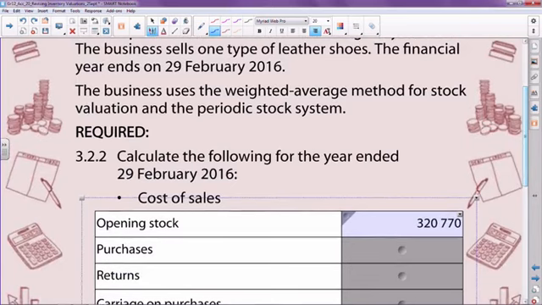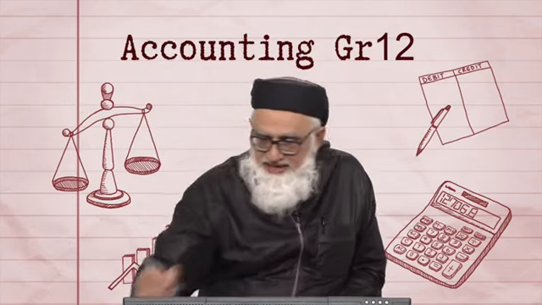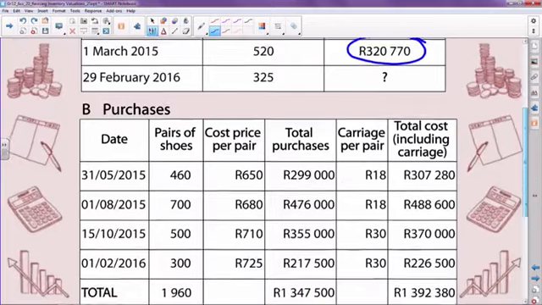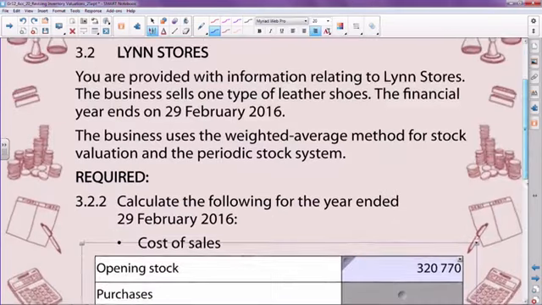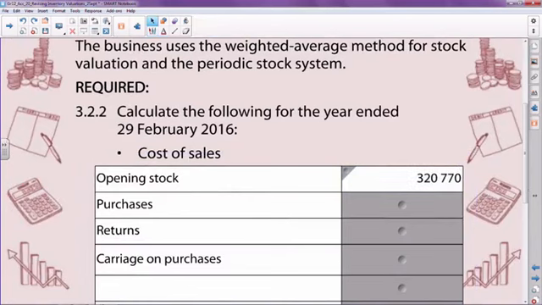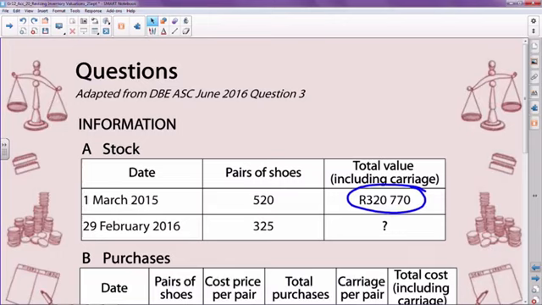Right, what do we add to it? To it, we add our purchases for the year. Right, and again, let's see if we can identify our purchases figure. Remember, we bought goods to the value of 1,392,380. Okay, so when it comes to that one, 1,347,500, what happened? The question that you need to ask yourself is that there was a return of goods.